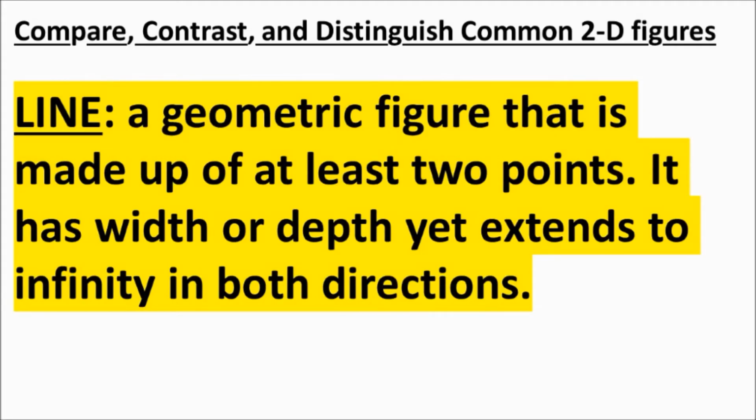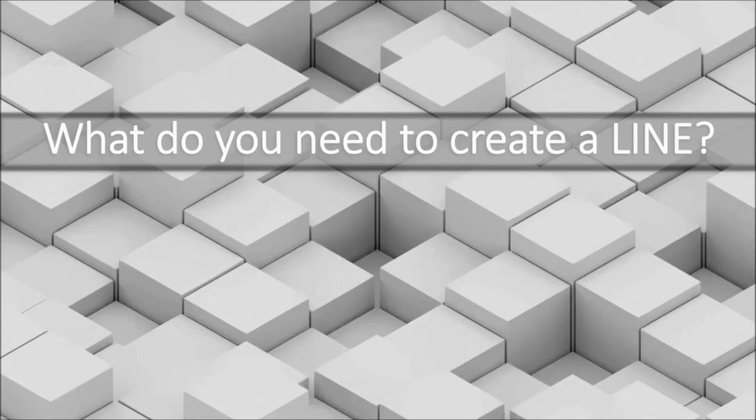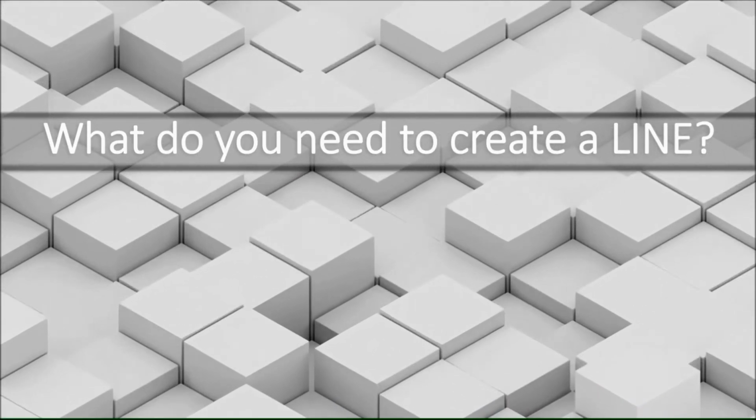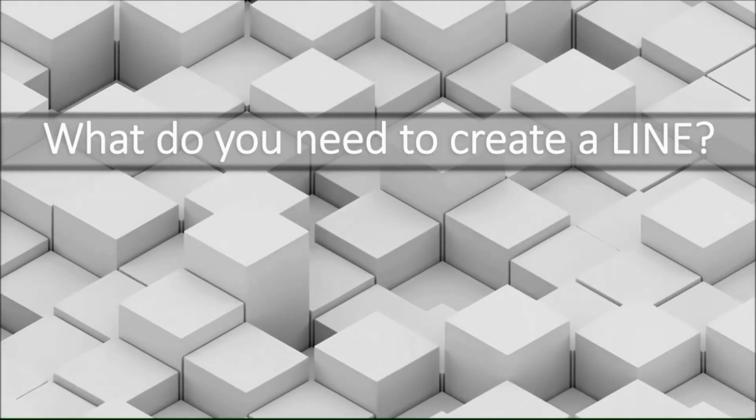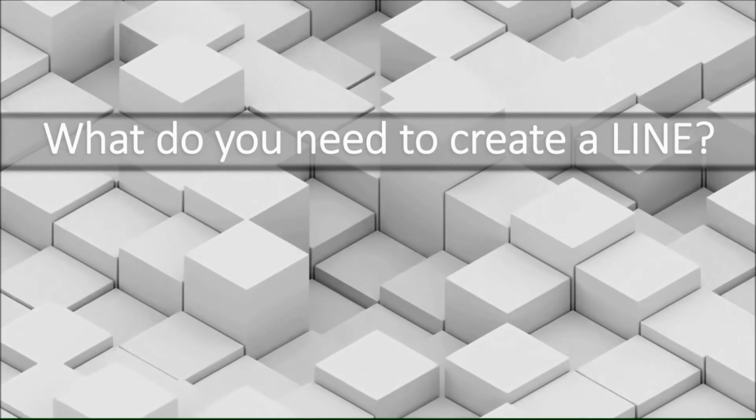The answer is a line, which is a geometric figure that is made up of at least 2 points. It has no width or depth, yet extends to infinity in both directions. Next question. What do you need to create a line?